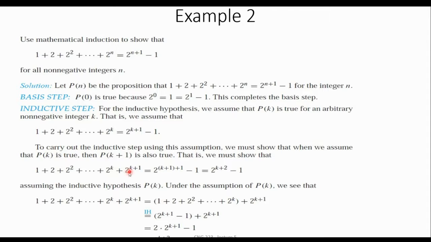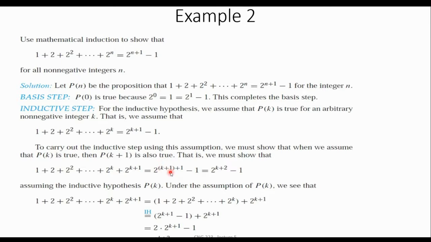Now I add the next statement, which is related to the k plus 1 step. Now I should show that the equality holds. So here I can consider until this part, this is exactly the same as what we had for 2k plus 1. And now instead of k, I inserted k plus 1.